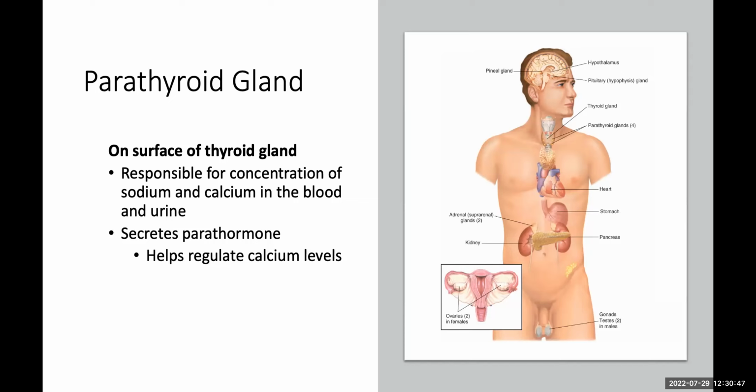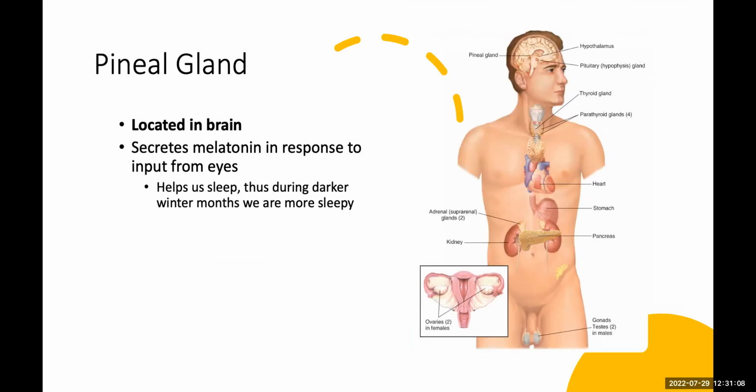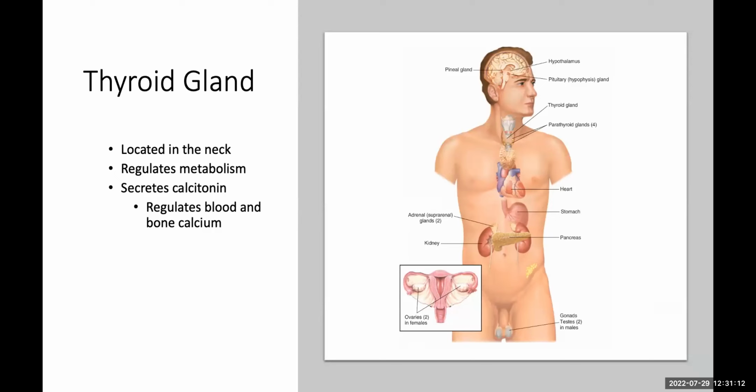Your parathyroid gland is responsible for the concentration of sodium and calcium in the blood as well as in the urine, and parathyroid hormone helps to regulate calcium levels. Your thyroid gland is located in your neck.